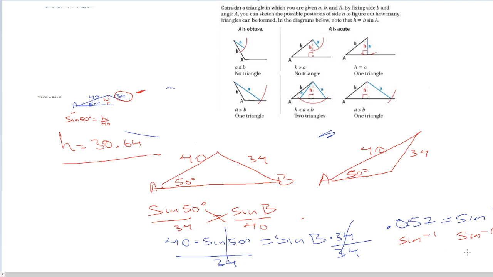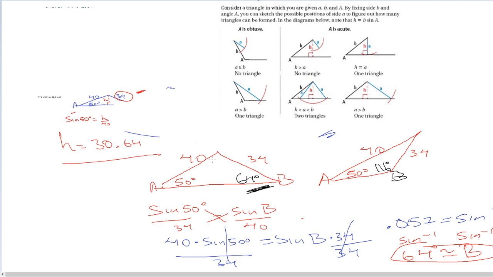All right, so B is about 64 degrees. That means that this angle is 64 degrees. Here's how we find this angle over here, angle B. So whatever this angle is, 64, subtract that from 180, and we get this angle, 116.